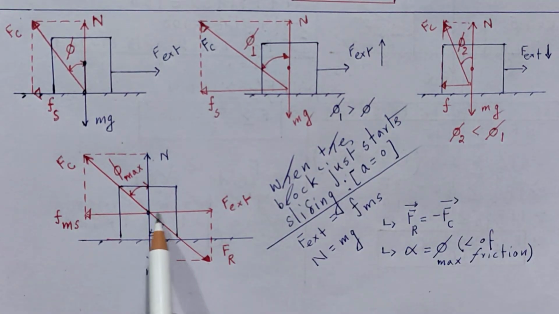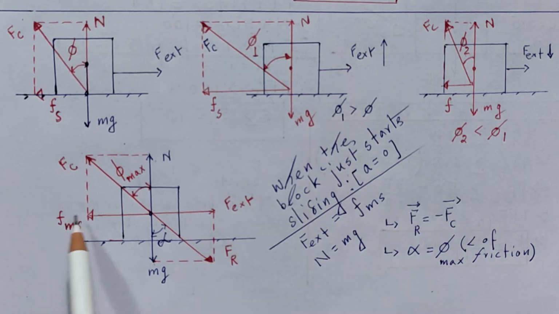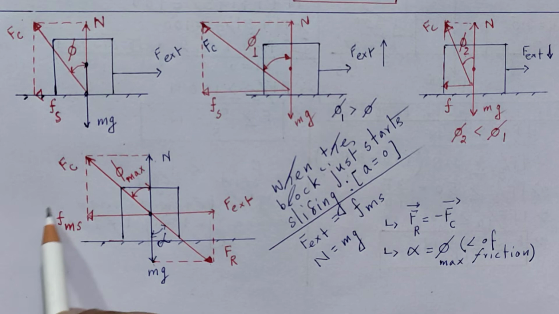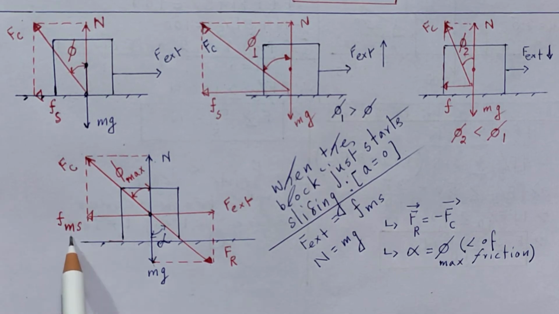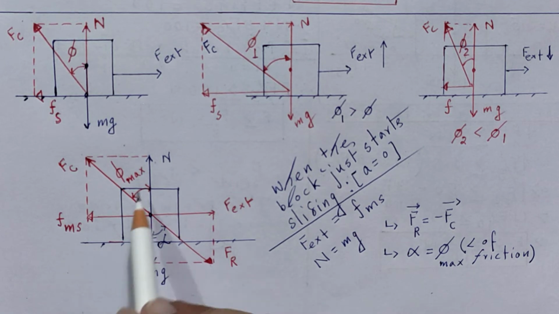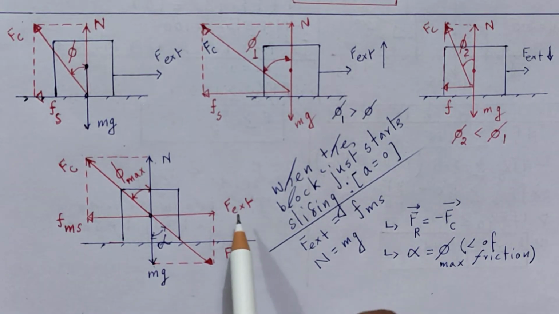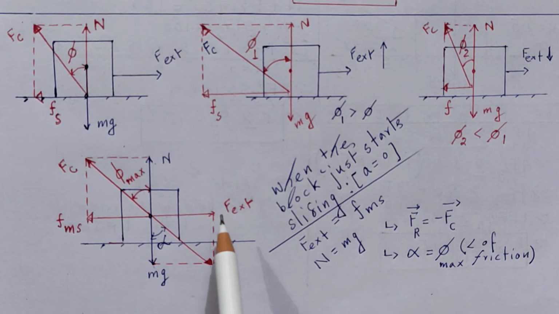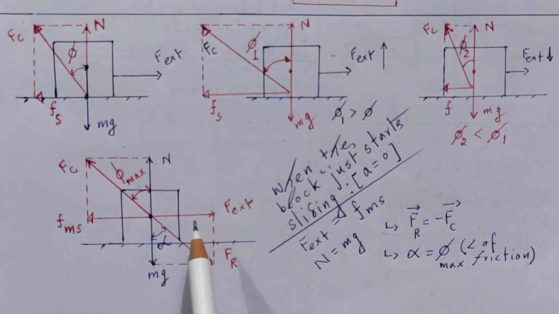Already friction has attained maximum value. Friction cannot attain any more value than this. So this limiting friction will convert into kinetic friction because the two surfaces will be sliding on each other. Kinetic friction technically is smaller than limiting friction, but by a very small amount.